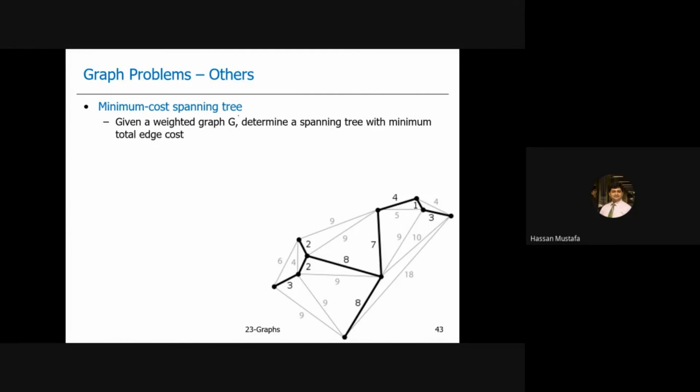So we essentially have a graph, and we need to find a minimum spanning tree from that specific graph. We'll see the applications. We'll see this specific algorithm in details in the next lecture.